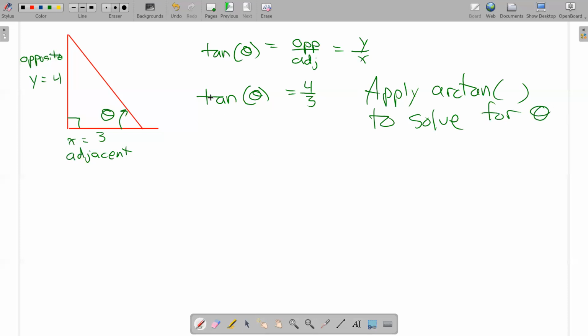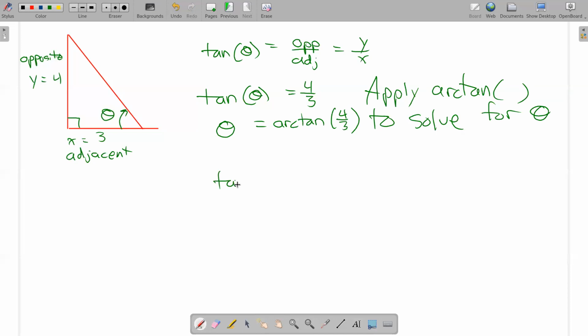So two ways to think about it. One is I can just jump to the conclusion that theta has to be the arctan of 4/3. If I think about when we're solving equations with square roots, we usually write the square root on both sides, and I could do that too. That's kind of an extra step in the middle.